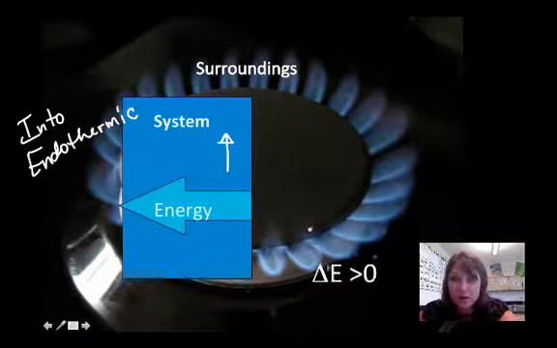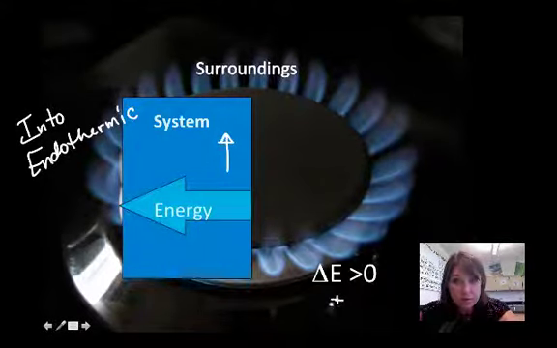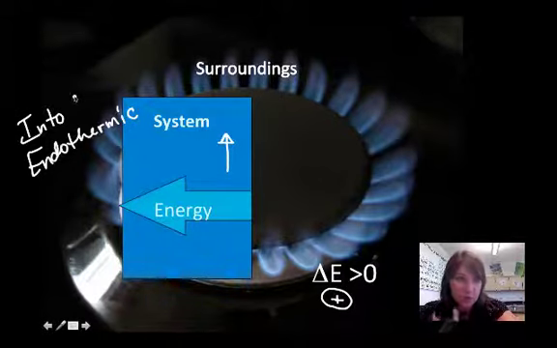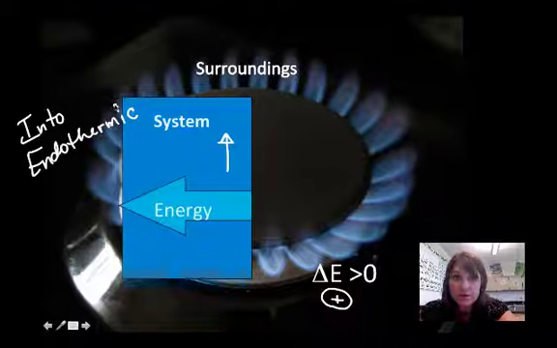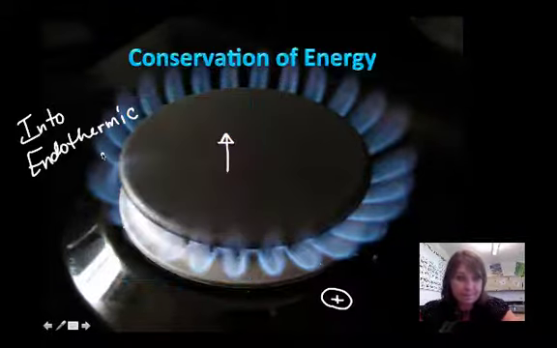So that had better be an energy change that is greater than 0. That's a positive energy change. So if I describe a real-world situation like ice melting, I need you to consider what's the system, what's the surroundings, and how is the energy going to move from the surroundings to your system.